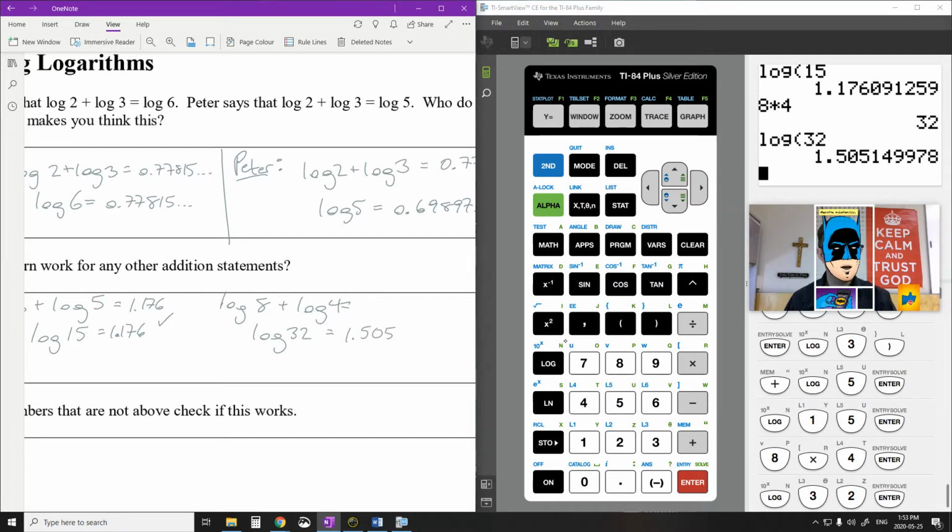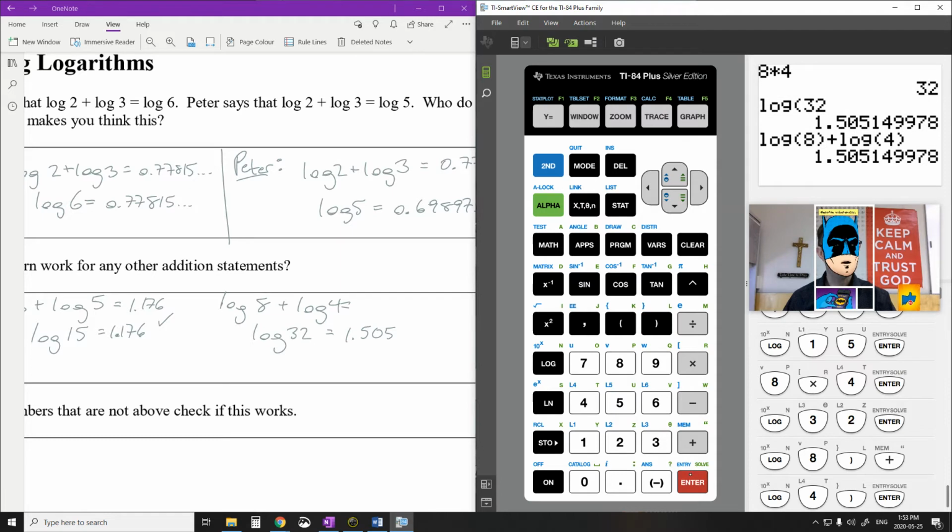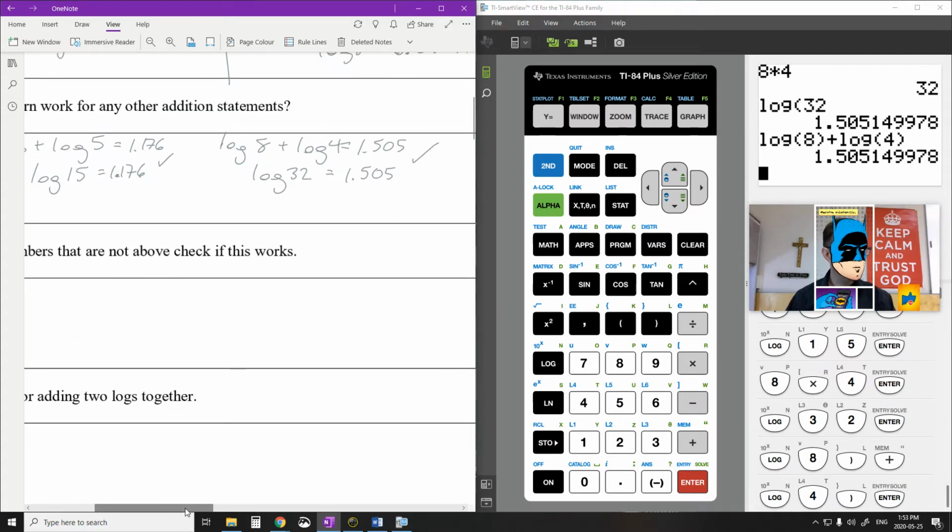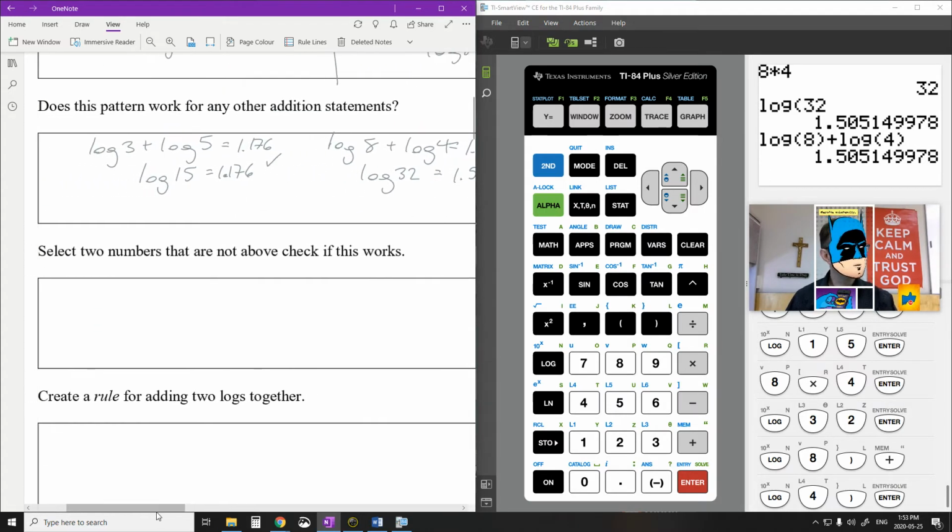Is that the same as log 8 plus log 4? It is exactly the same. So I think it's holding true. Select two numbers and check to see if it works. Technically we just did that.